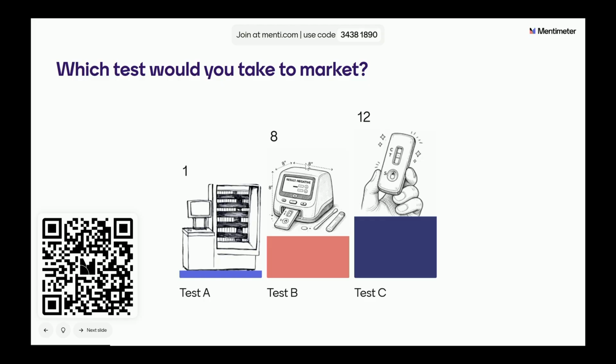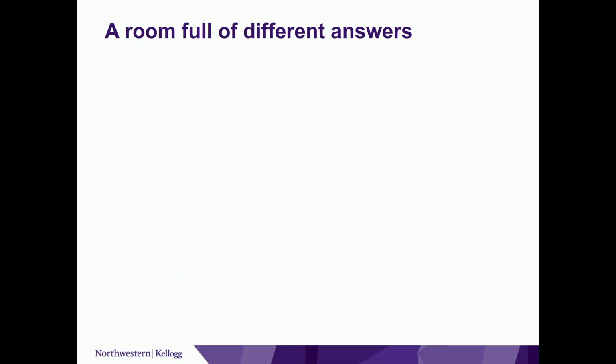Very, very interesting. Okay, so let's think about why we had this variation. Obviously, there's a room full of different answers. We have two factions plus a brave individual.